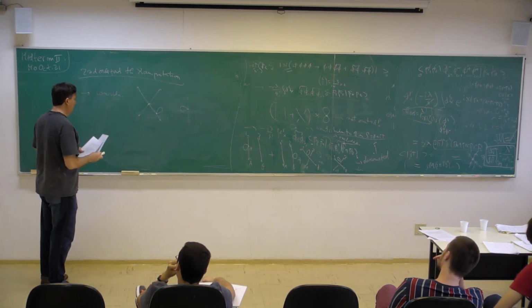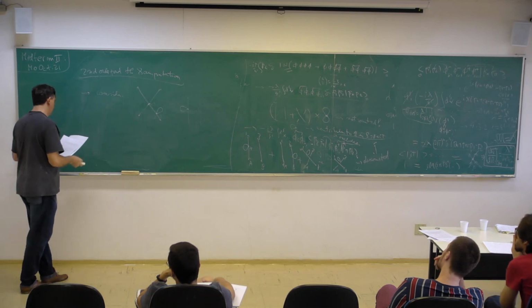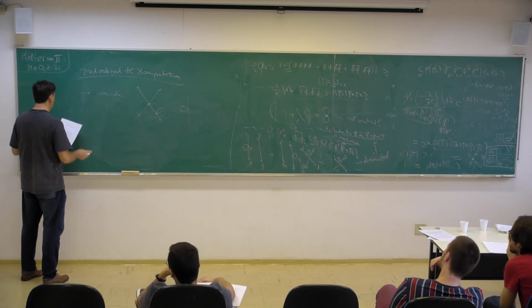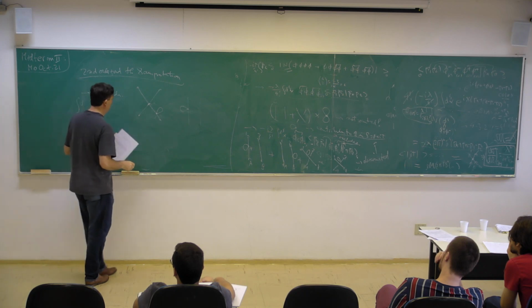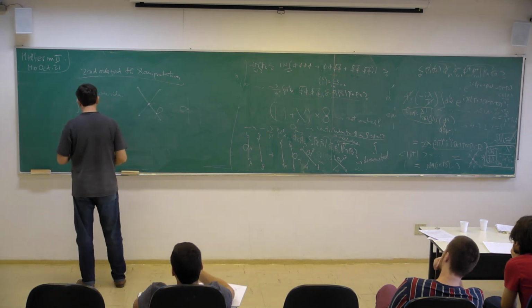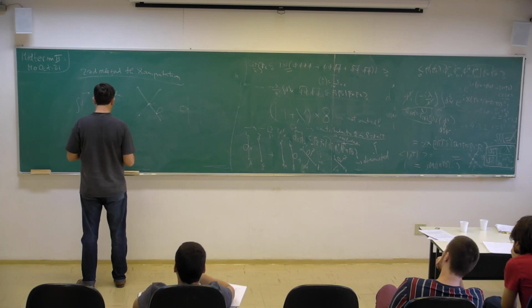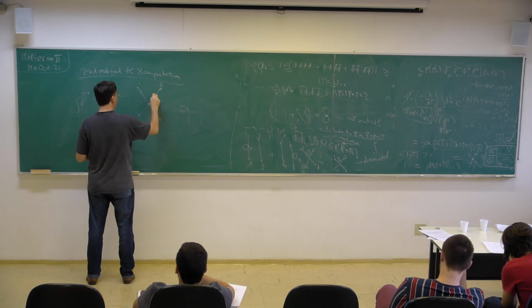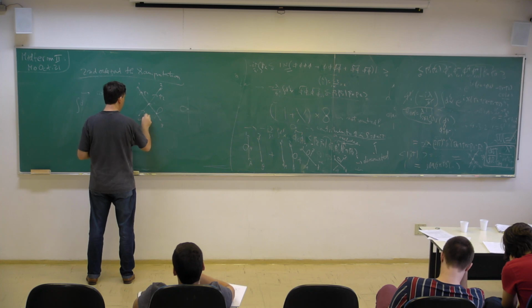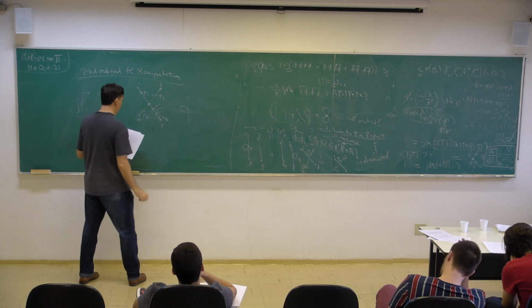And let's see what the result of this diagram would be. Let's put some momenta in here. Let's say this is 1 and 2, so this is P1, P2. And this is A and B. This is PA, PB. But then in here, let's call this P prime for the moment.